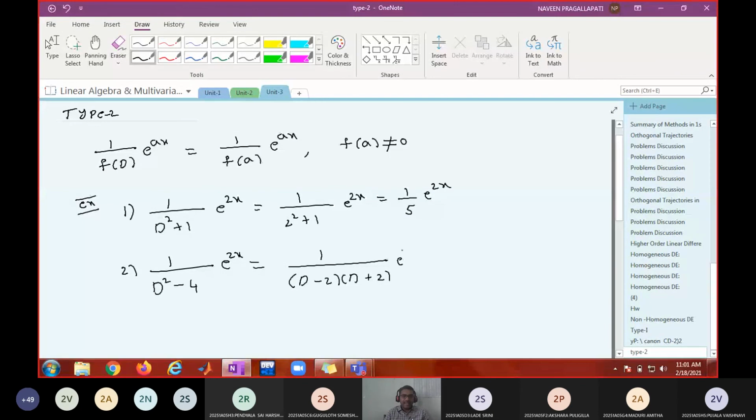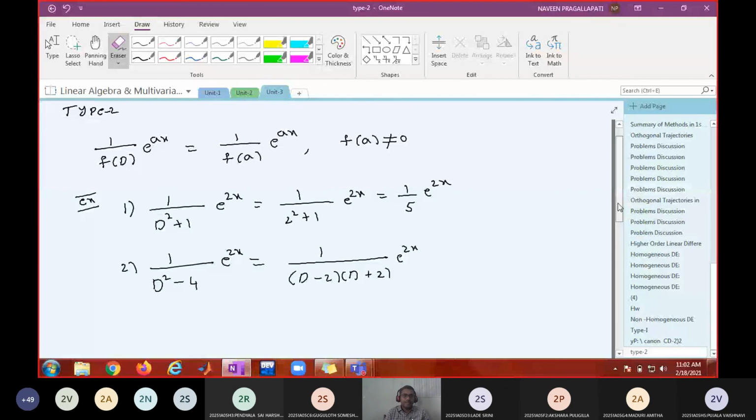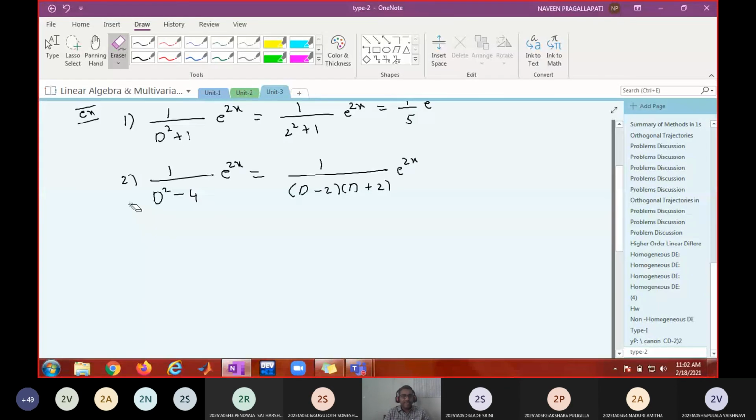I can write it like this, or I can also write it the other way; I'll tell you the other way. If I write like this, then I will write this as 1/(D - 2) of 1/(D + 2) e^(2x).